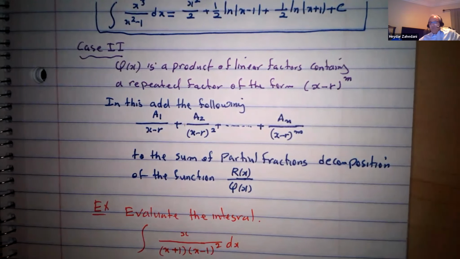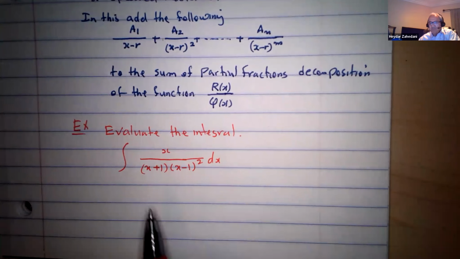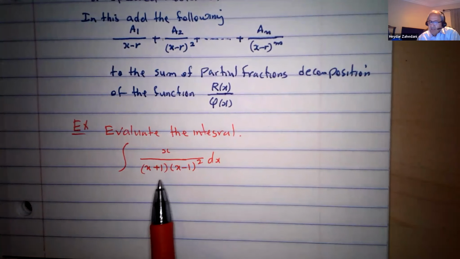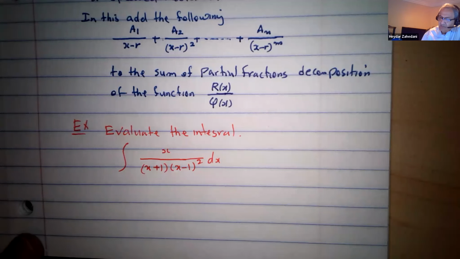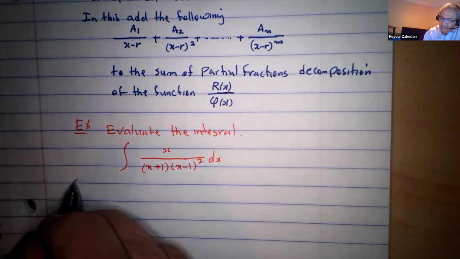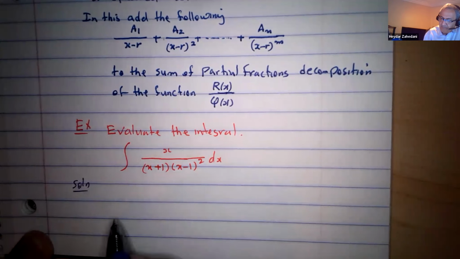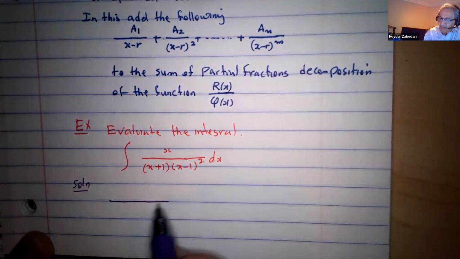The first factor is x plus 1, which is a not repeated one. But the second one is a repeated factor because this is x minus 1 squared. So you have x plus 1 times x minus 1 times x minus 1. So when you break it into partial fractions, you have 3 fractions. This is the way you're going to take care of it. Look at this one. So you repeat it, x.